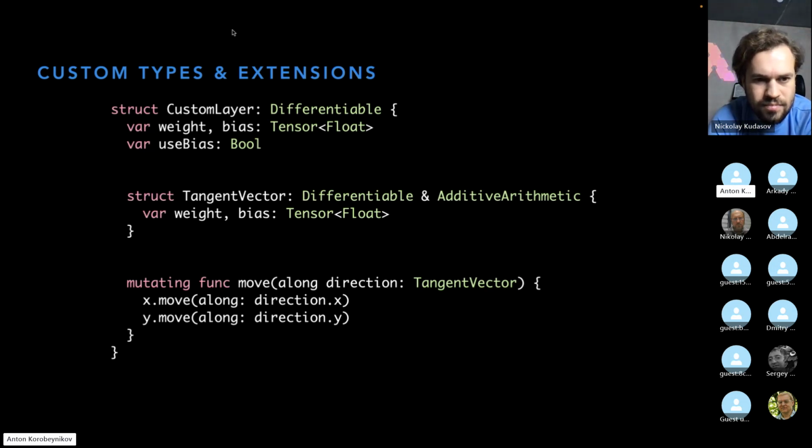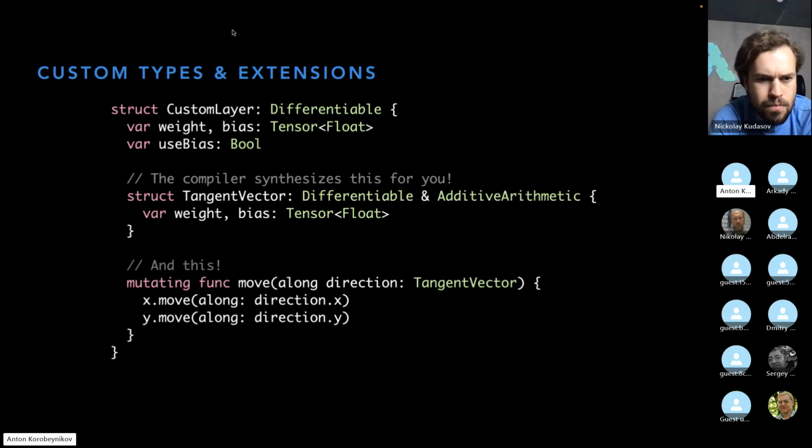And the exponential map is again just moving along the direction of both fields. The tangent vector type contains properties that conform to Differentiable, so we should not bother about all these things.